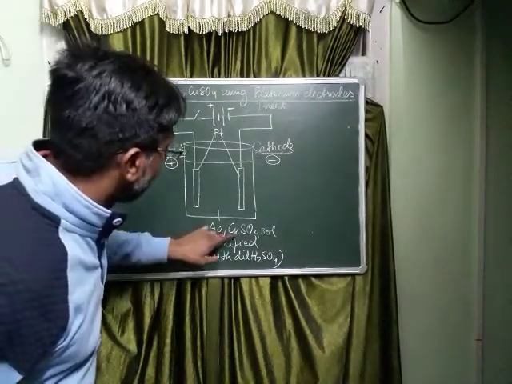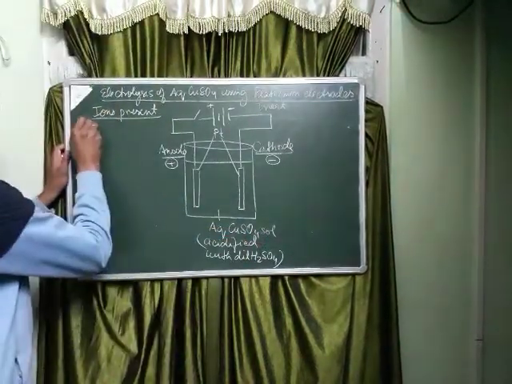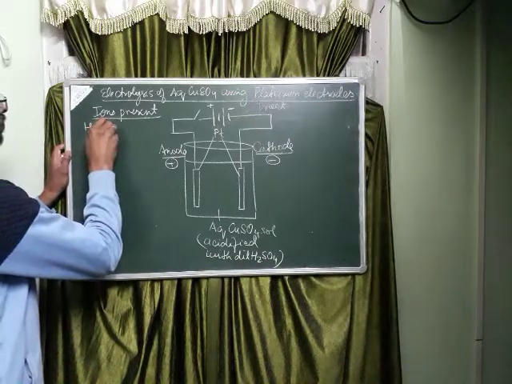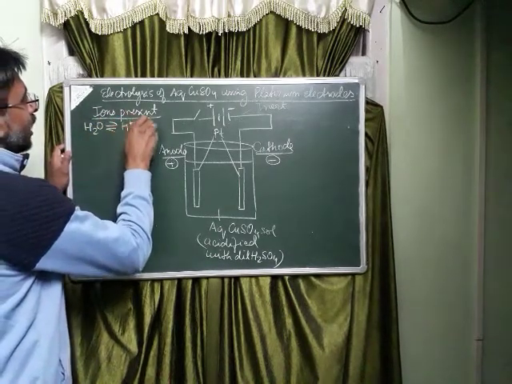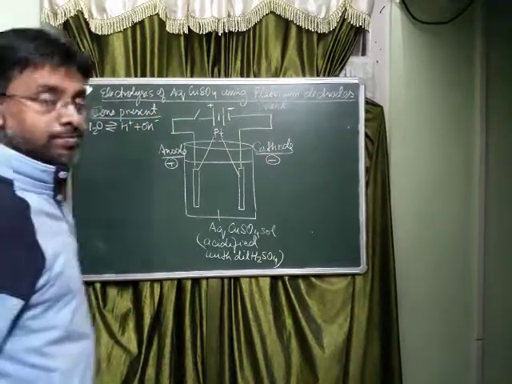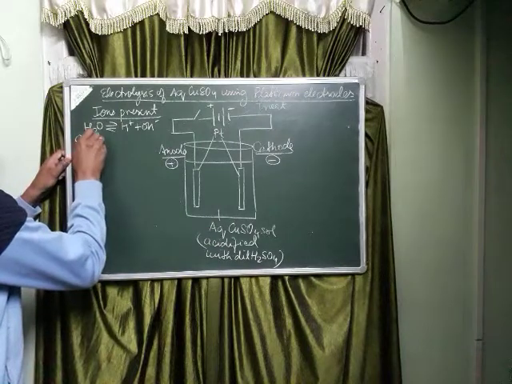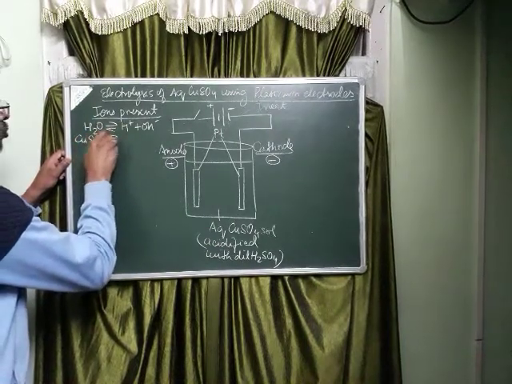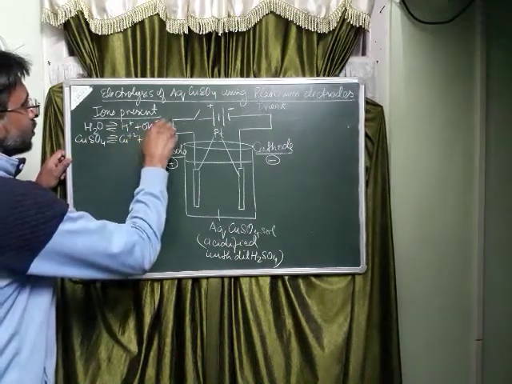Since it is aqueous copper sulfate solution, aqueous means there is water, so I must write water, H2O. So water ionizes to give H plus and OH minus ions. Then there is copper sulfate. Copper sulfate dissociates to give copper ions and sulfate ions.